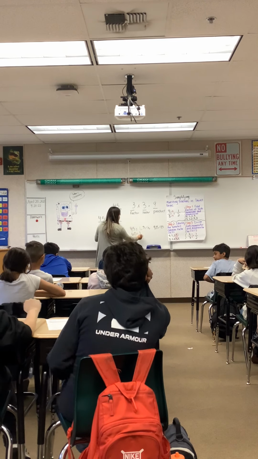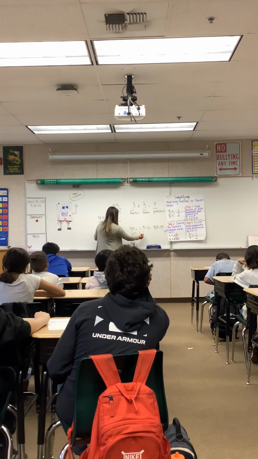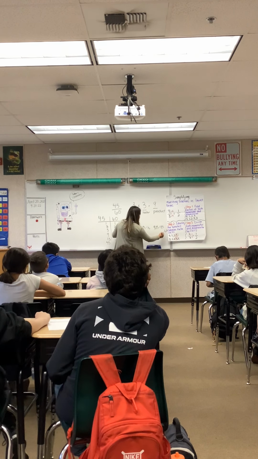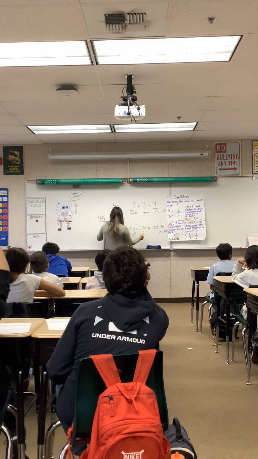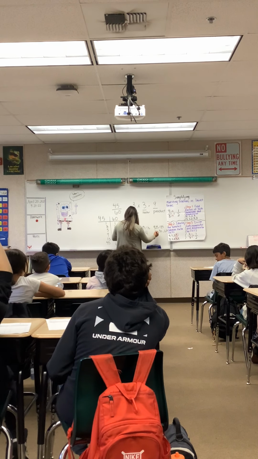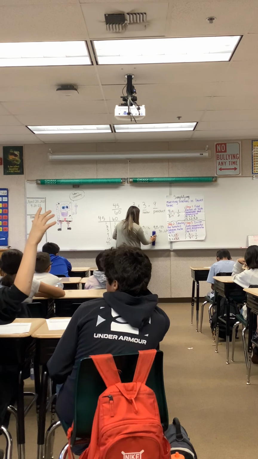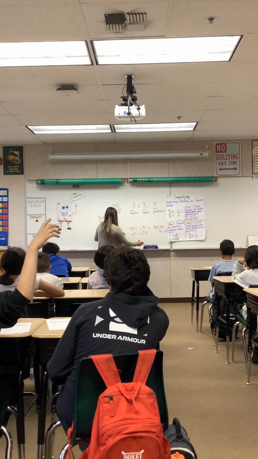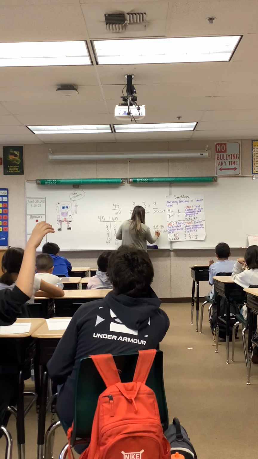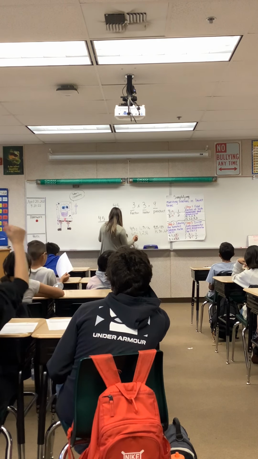So we say 1 times 60. 2 times 30. 4 times 15, right? And then 5 times 12.